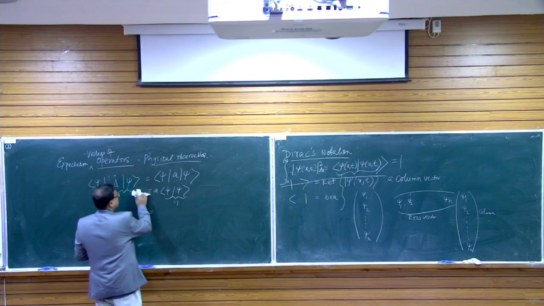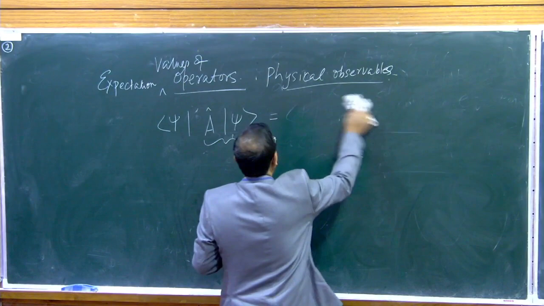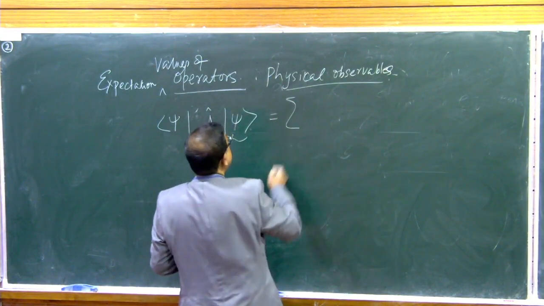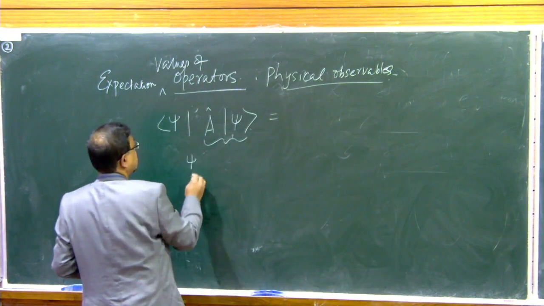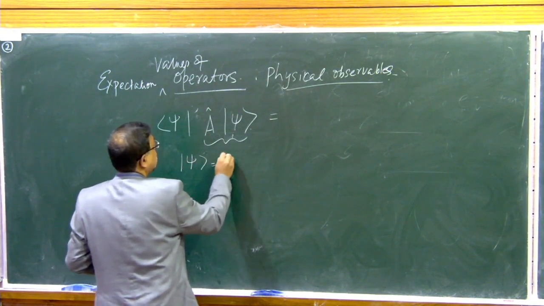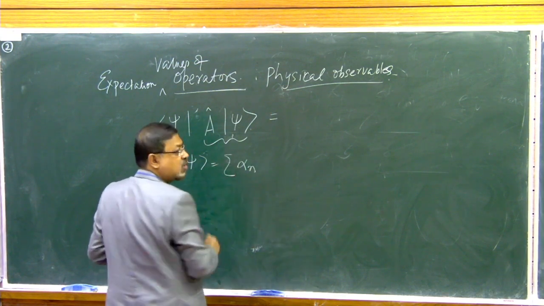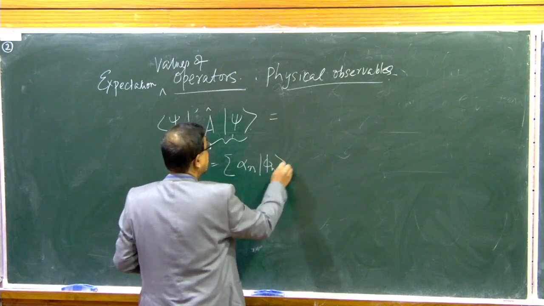Let me write it in that fashion that we have written it earlier. This psi actually has a form: psi equals the sum over n of alpha n, some coefficient, some constant, times phi n, where phi n's are the basis states.